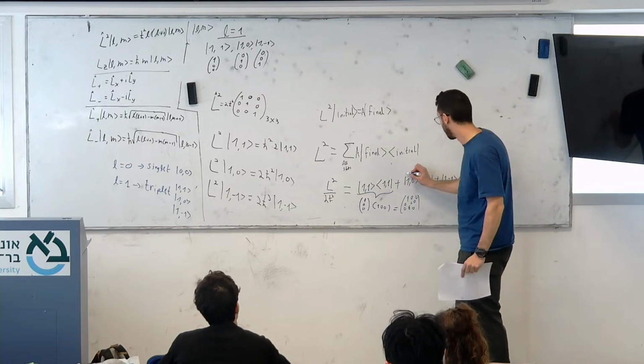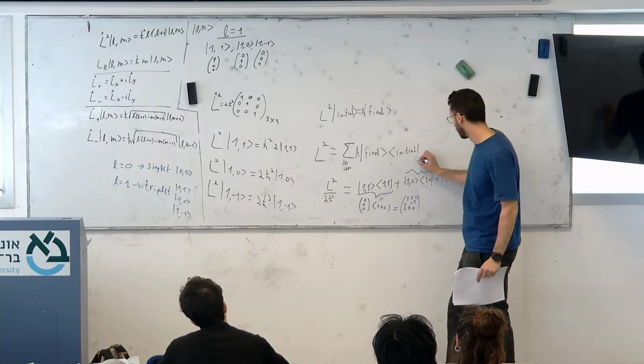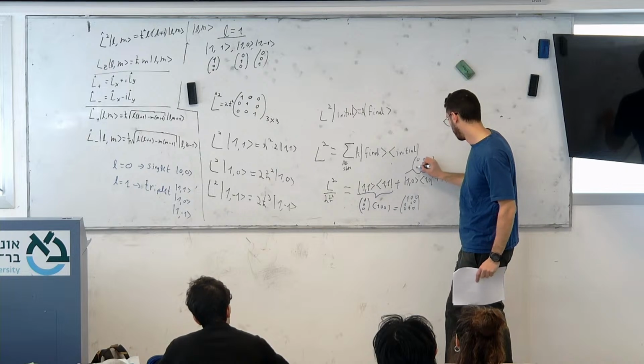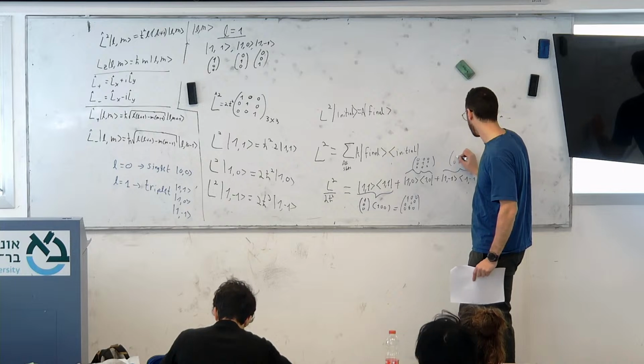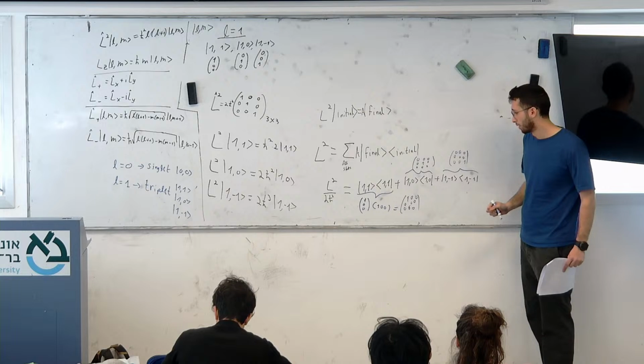Okay, you look confused. I'm going to give another example. From this inner product, I'm going to get 1 in the middle and 0 outside, and from here I'm going to get 1 at the bottom right, and 0 elsewhere.